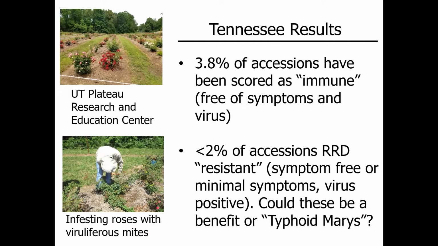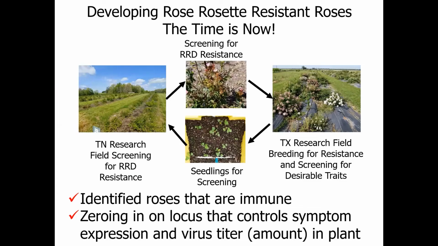We don't know, because we don't know if that low level of virus in those plants is still high enough that the mites can pick it up and move it to other plants. If that turns out to be true, these guys would be seen as typhoid Marys instead of being a benefit. So this is why research has to continue, because we need to determine if those plants are typhoid Marys or something useful.